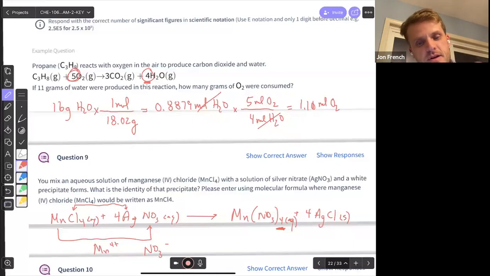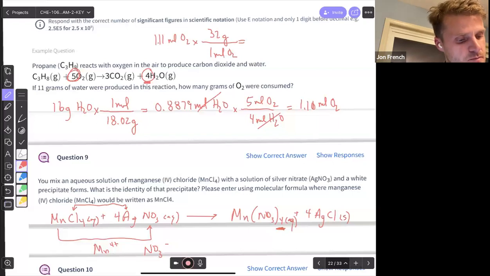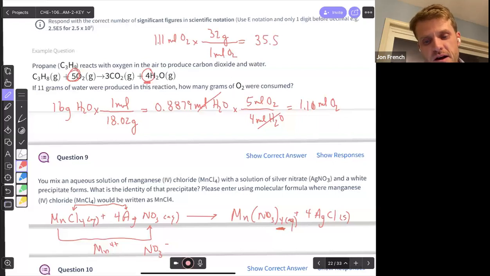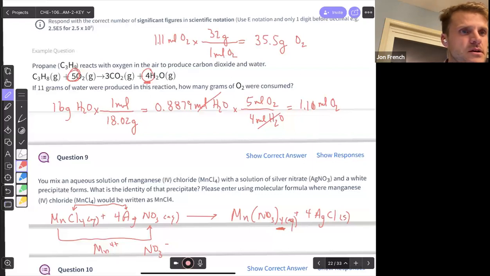From there, I can convert that to mass. For every 1 mole of oxygen, I have 32 grams, so multiply that by 32 and I get something like 35.5 grams of oxygen.